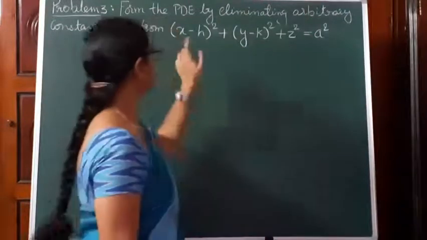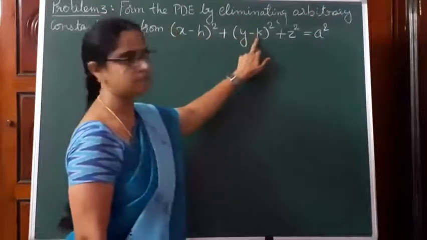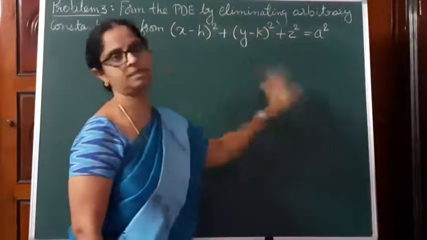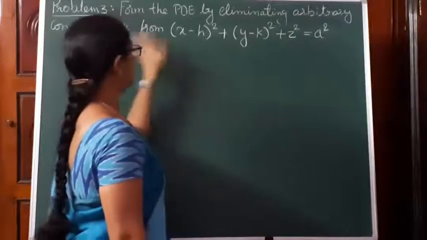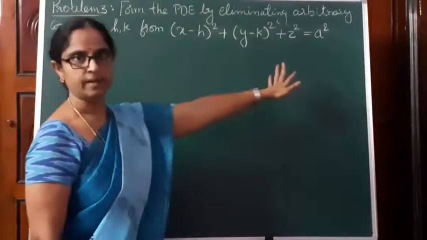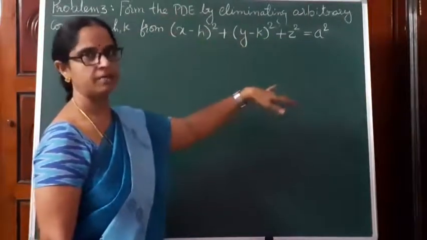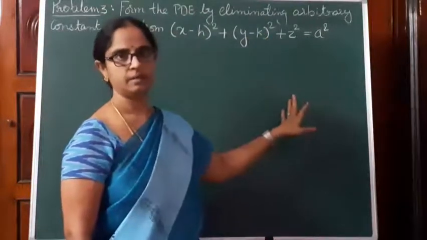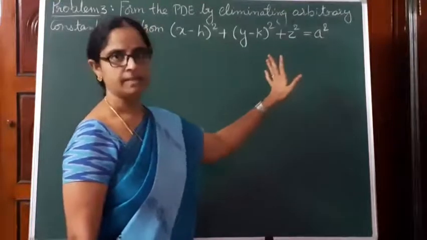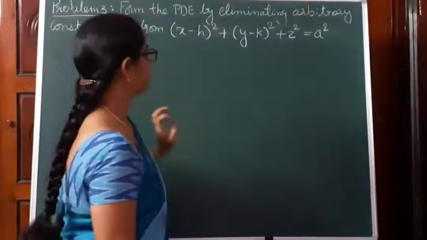So in this case, h and k are arbitrary constants, whereas a square is just a constant. That's a fixed number. So here we have to eliminate h and k. No need to eliminate a square. In the partial differential equation obtained also, a square can be there. So there is no problem with a square. We need to eliminate h and k.